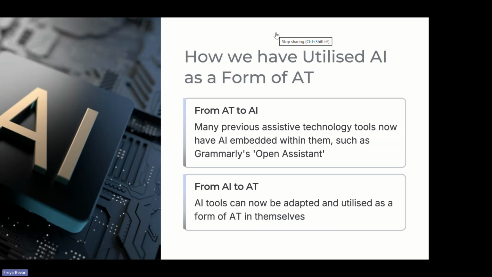So this is something that is new and we've noticed has become embedded within pre-existing assistive technology systems. But also AI itself could be used as a form of assistive tech, for instance, through the use of LLMs, large language models such as Copilot. We find that although not initially created as a form of assistive technology, they can certainly be utilised that way.